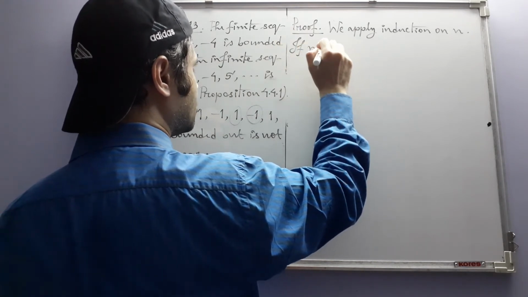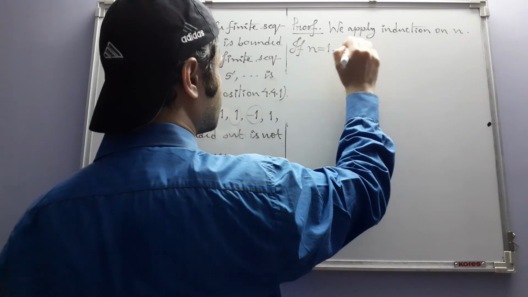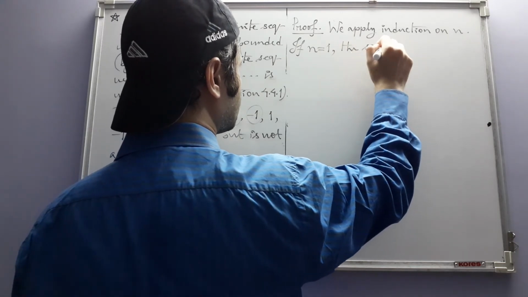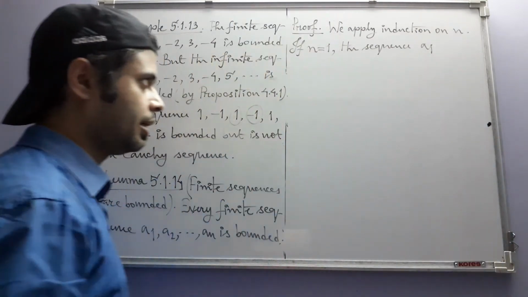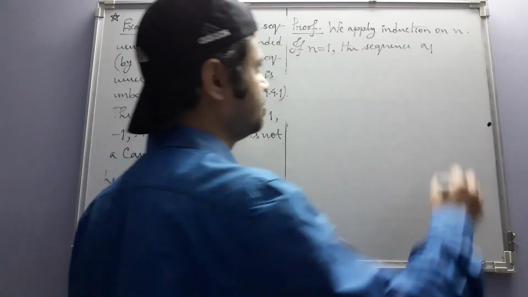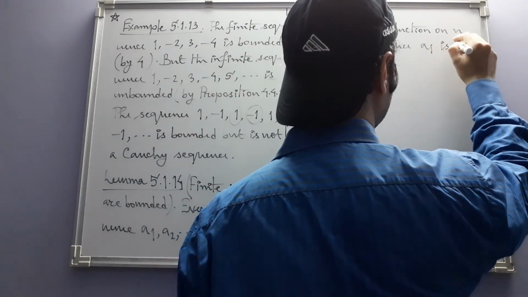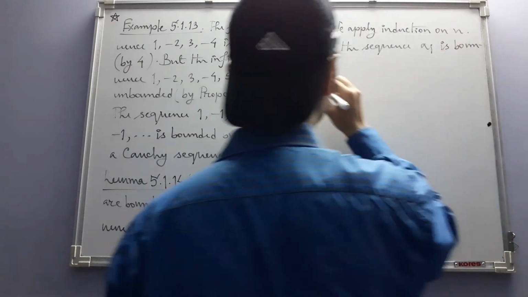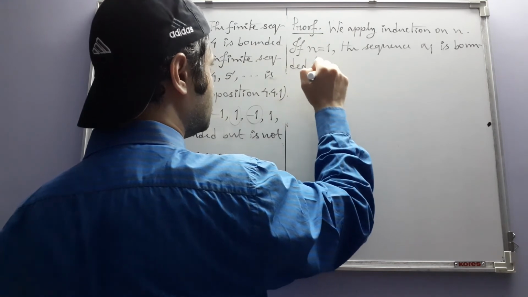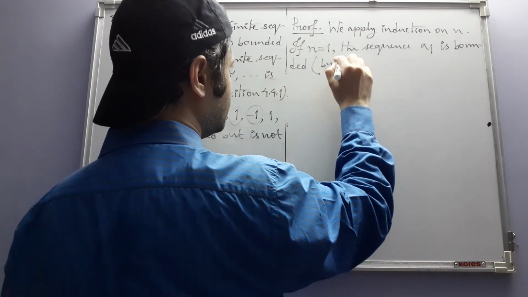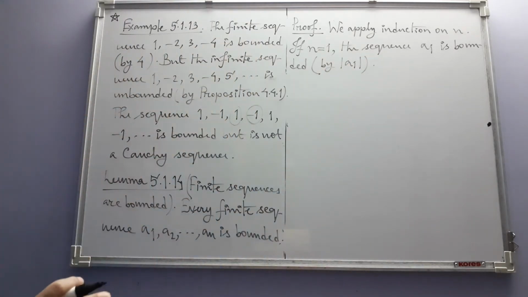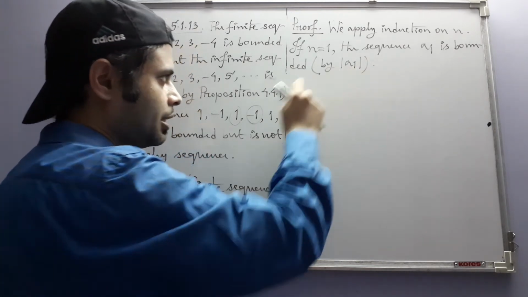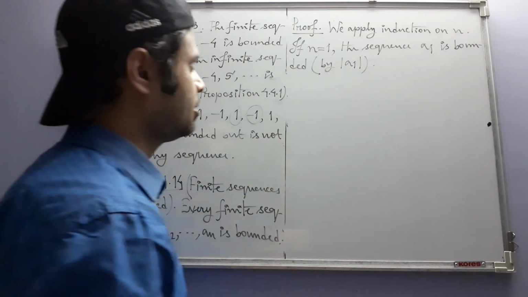If n is equal to 1, the sequence that has only one term, a1, is definitely bounded, in brackets you can write by absolute value of a1 itself, because the absolute value of a1 is less than or equal to the absolute value of a1. In place of m you can think of this number and you are done.